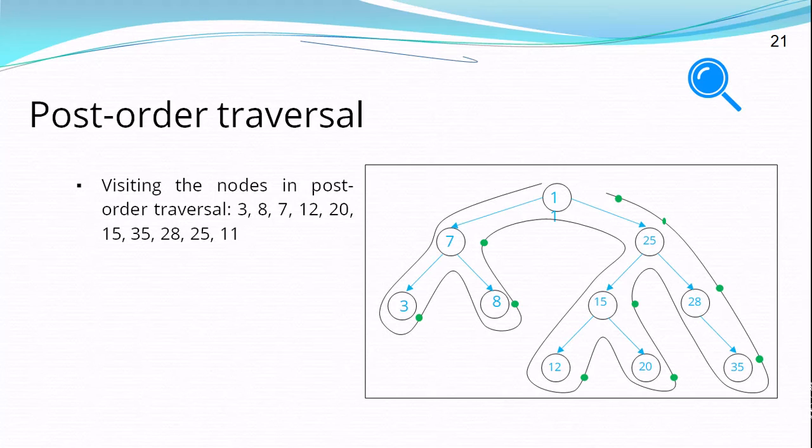So post-order traversal, if you've understood this, all I have to do is to find the first node that I visited, which is 3, and print it out. I've got a 3 here. Then the second node I visited, which is this node here that contains 8, print out the value 8. This is the third node I'm actually inspecting or visiting, so print it out, 7, and so on.